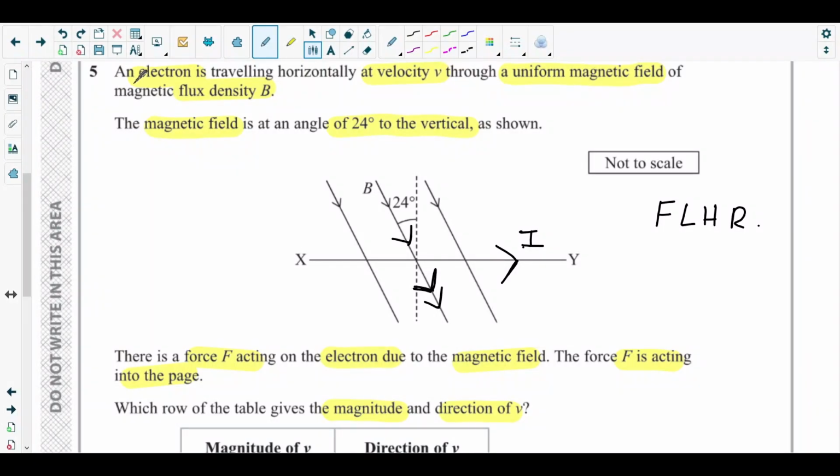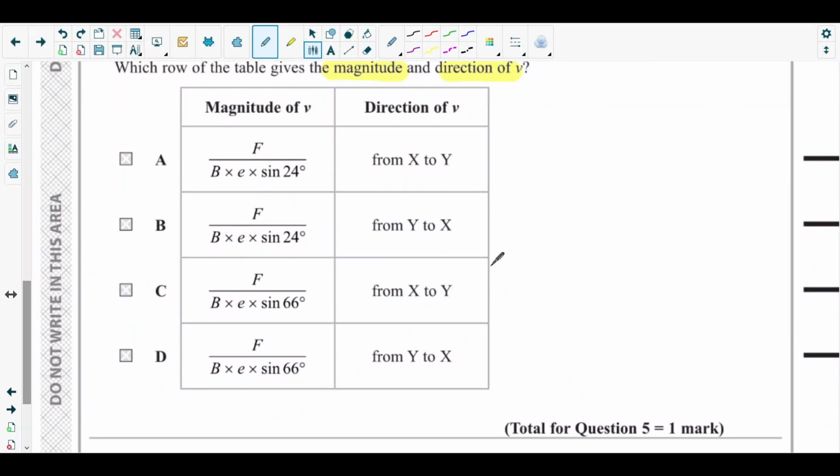The charge of the electron is negative, so the direction of current is opposite to the direction of movement of the electron. That means the electron is moving Y to X. Which of the options are showing Y to X? Either this one or that one.